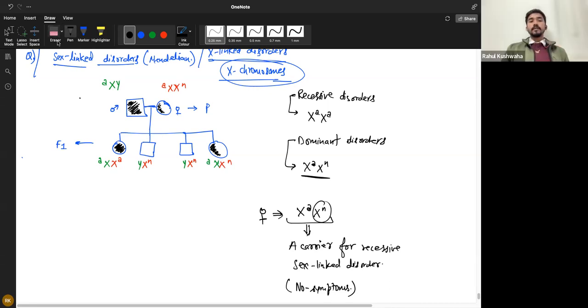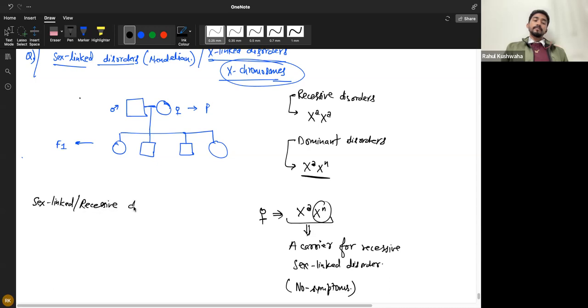This is correct. Now let me add one last complexity and then you are done with this concept. You have understood it, I suppose. I don't tell anything about the genotype. Just in words, I am giving you these options. It is a sex-linked recessive disorder where one son is affected with the disorder and one daughter is affected with the disorder.